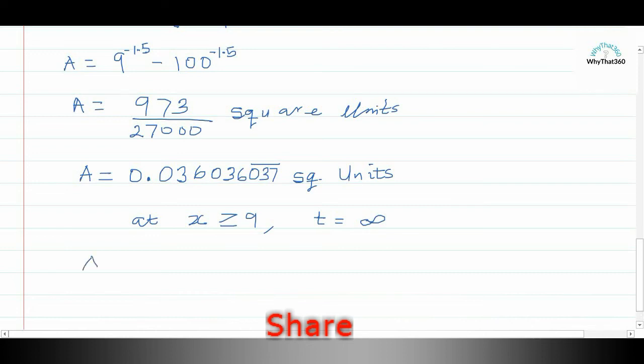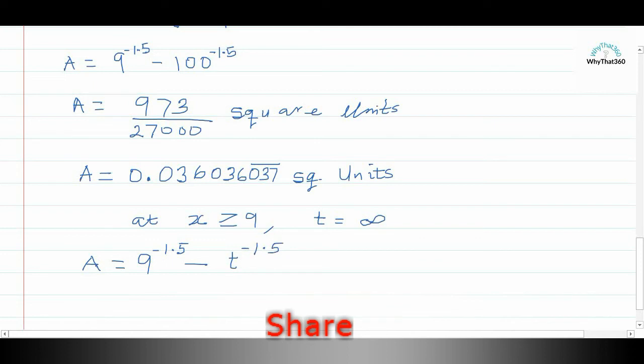So we know the area has this equation. It's 9 to the power negative 1.5 minus t to the power negative 1.5.